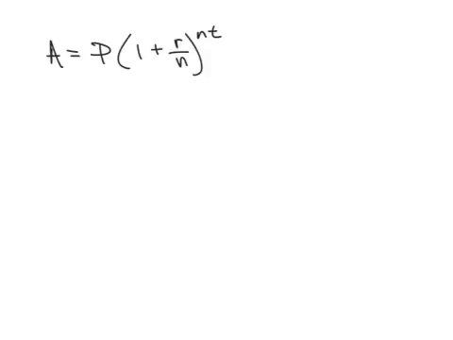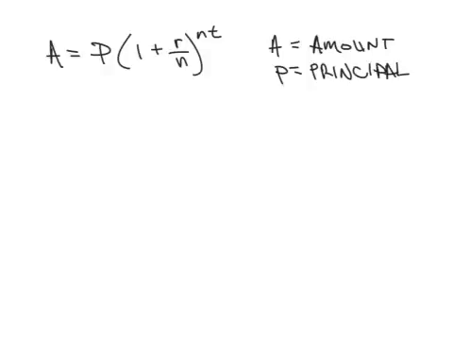Okay, so A is amount, P is principal. Principal means how much money you started with. R is your interest rate, so I'll just put a percent there, and you write that as a decimal, not as a percent.